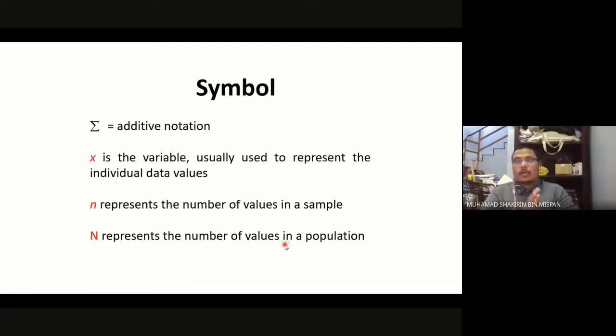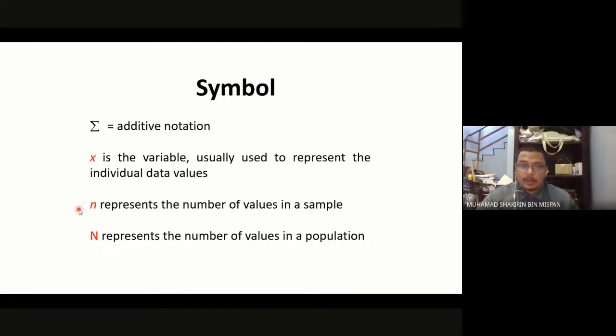Another of the most popular symbols in statistics, especially in biostatistics and for this course, is the additive notation, the summation, using this symbol sigma. Remember that x is the variable, and small n represents the number of values in a sample, while capital N represents the number of values in a population.